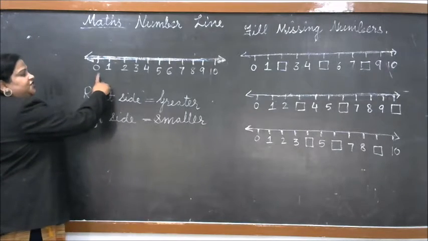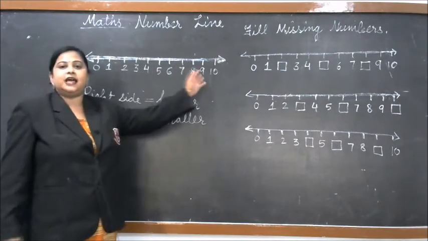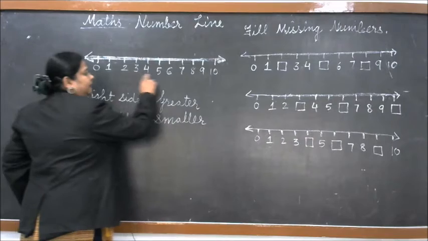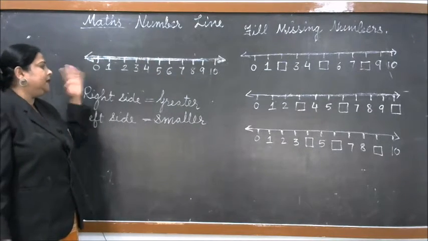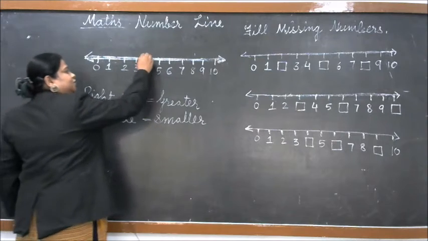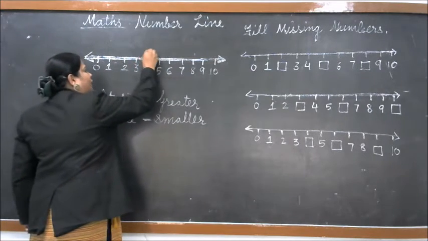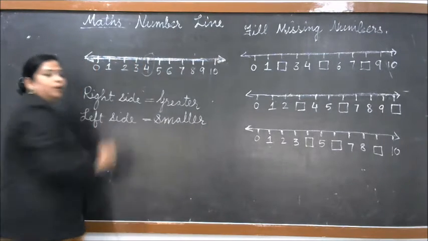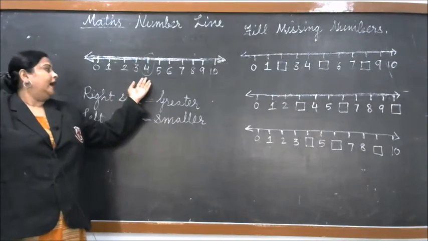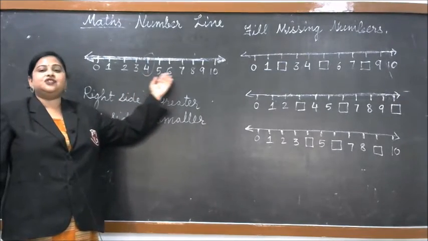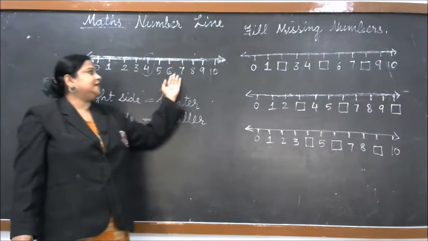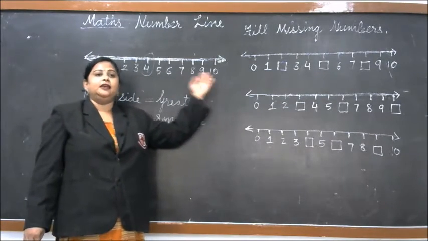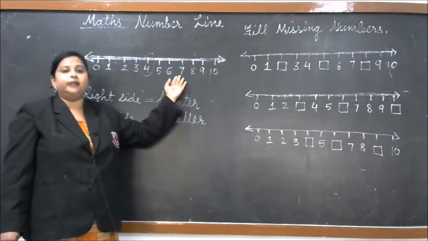The numbers which are written on the right side are greater than the numbers which are written on the left side. For example, if I choose number 4, here I am going to draw a circle on number 4. Have you seen that the numbers written on the right side of 4, that is 5, 6, 7, 8, 9, 10, are greater than 4?